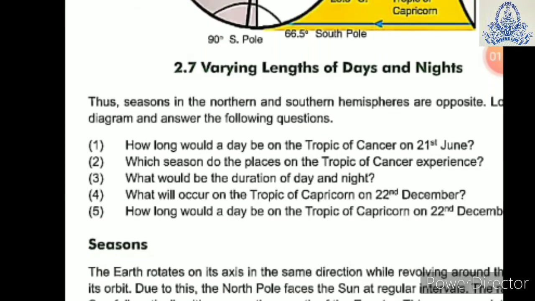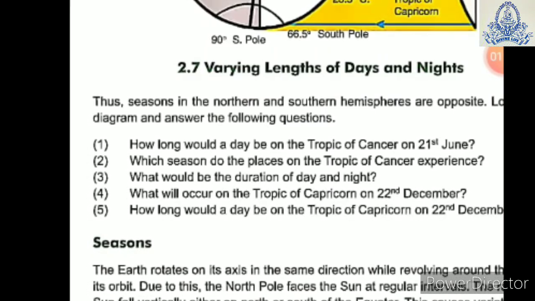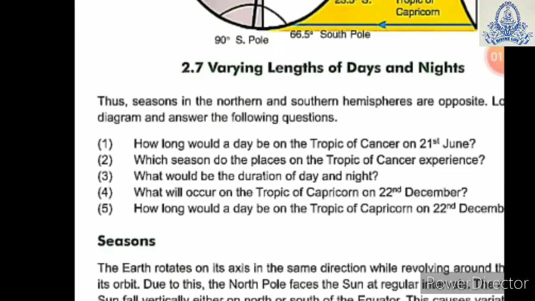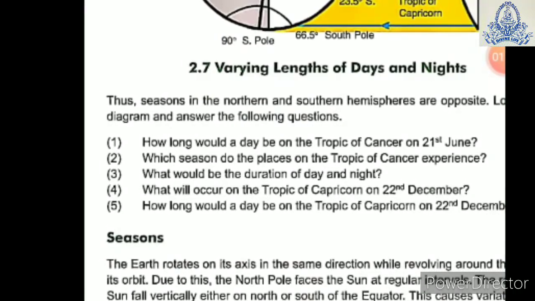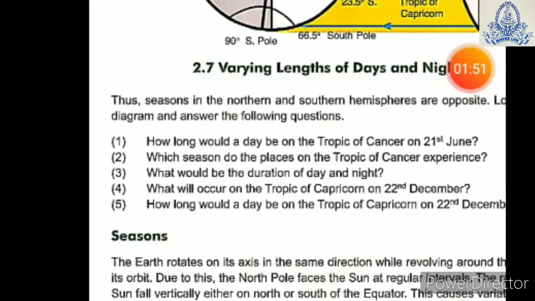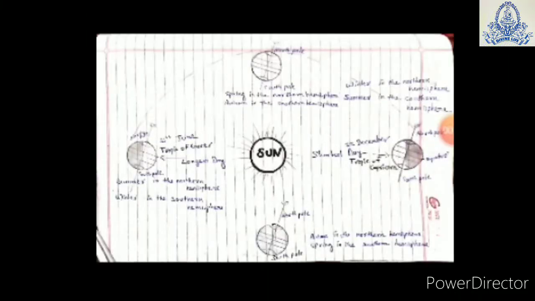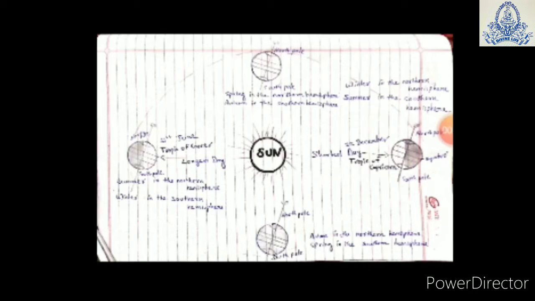Now the next question they are asking: which season do the places on the Tropic of Cancer experience? In this diagram you can understand that, as we know, the northern hemisphere is getting more sunlight.